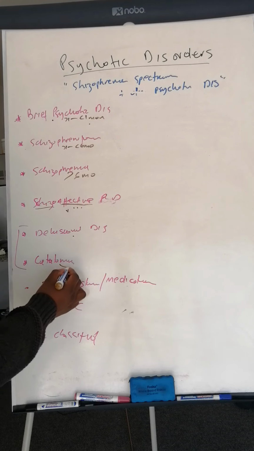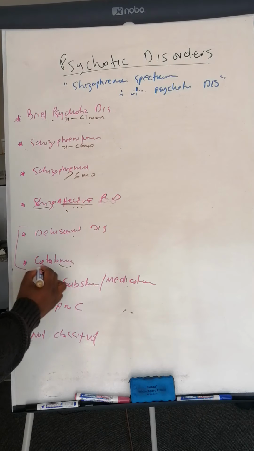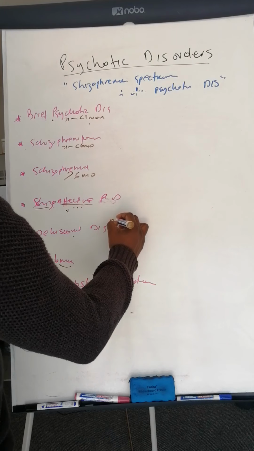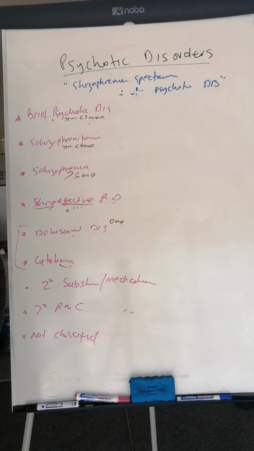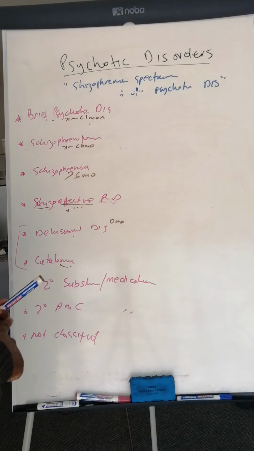And then catatonia. So if you can check these two conditions, they are restricted to one domain of symptoms. When someone has got hallucinations and delusions, then they've got two domains involved there, right? It's the perception disorder and a thought content disorder.